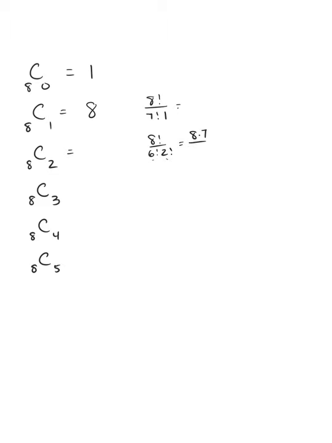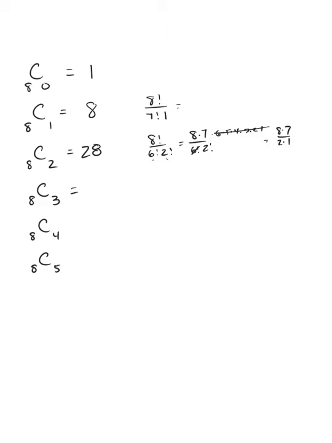The 8, 7, and of course the 6, 5, 4, 3, 2, 1 is going to cancel with the 6 factorial on the bottom, and you're left with 2 factorial. Well, that equals 8 times 7 over 2 times 1. So basically, it's going to be 8 times 7 is 56 divided by 2 is 28.